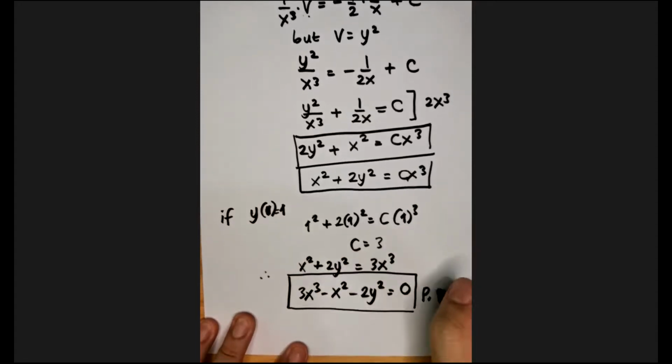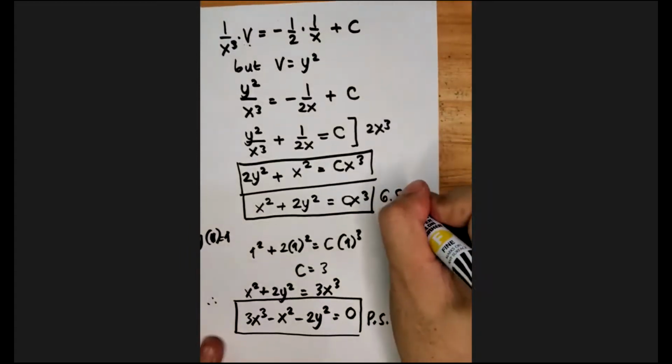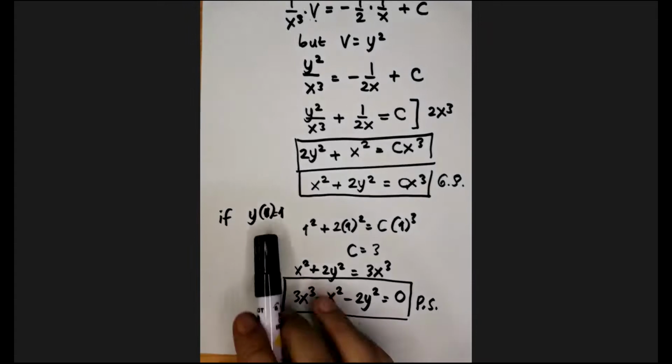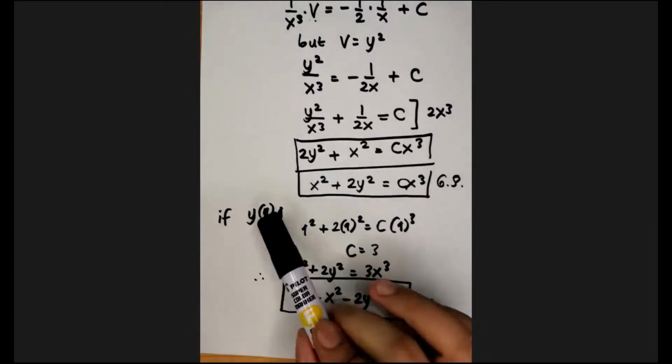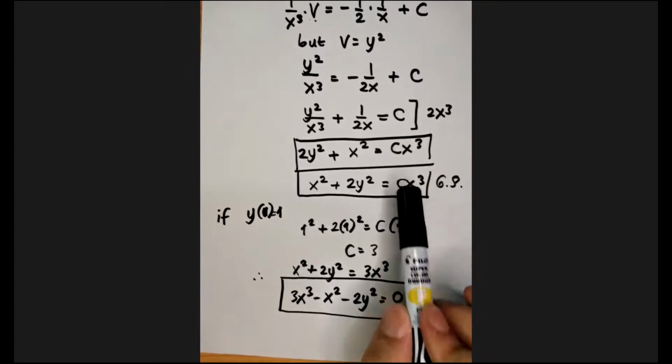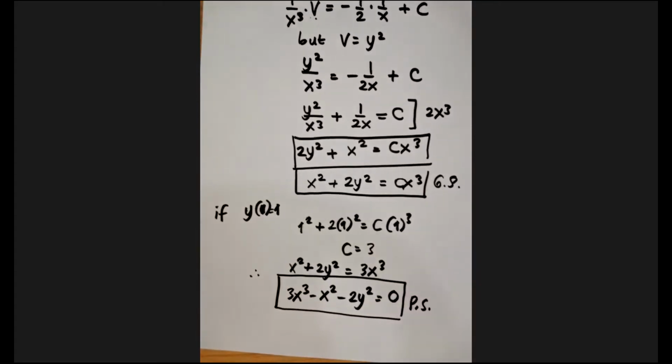So this is the particular solution. So this is the general solution. And given the conditions that if x is 1, y is 1, so we'll just substitute the condition to the general solution to get the particular solution.